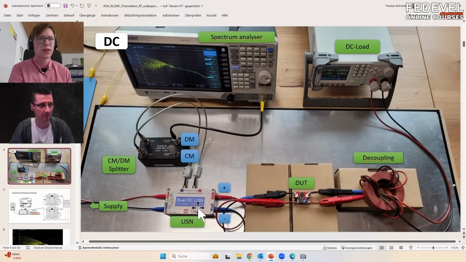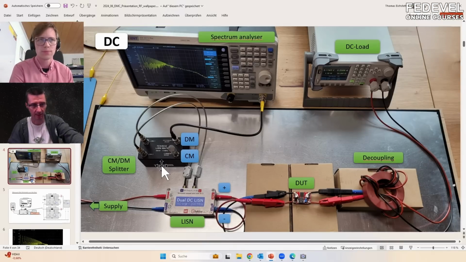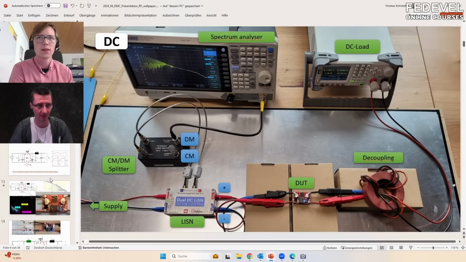And again here a LISN, but this is now a different one, now for the DC supply. And here's something special on this measurement. Here we have this LISN mate, where we can also distinguish between if it is a differential or a common mode interference. So basically, in the middle of the red board, that's the power supply we need to fix. Or first we are going to measure it and then we will fix it, correct?